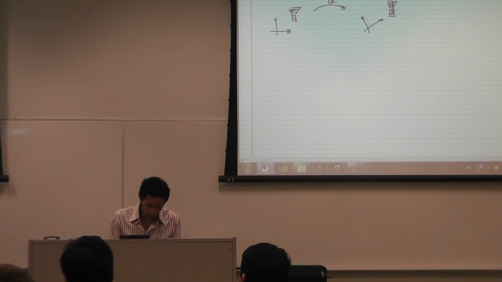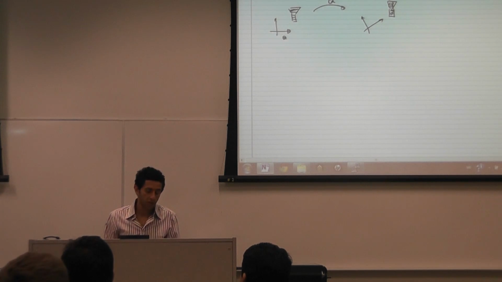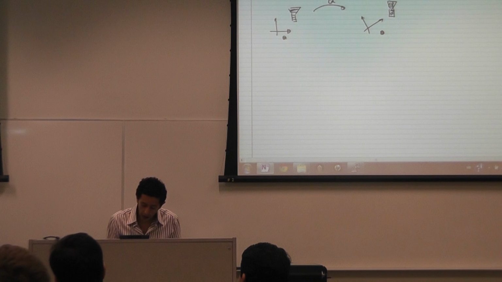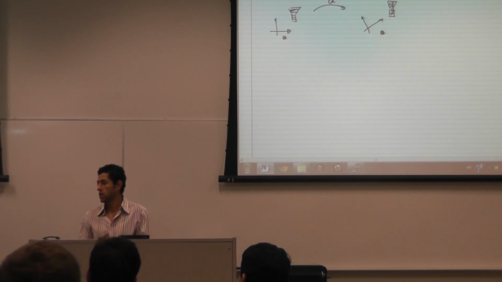We want to make sure that the person who analyzes this object in this coordinate system makes the same decisions as the person who analyzes this object in that new coordinate system.